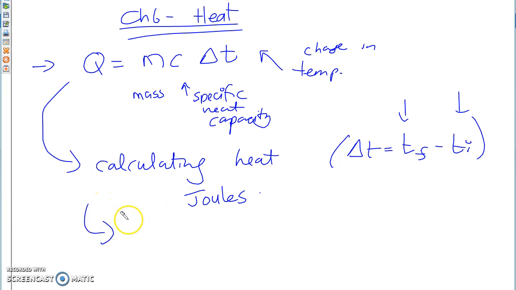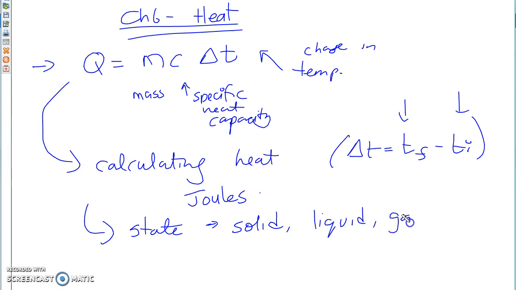So it does matter. The state of the object does matter. Each state will have a different specific heat capacity, by state meaning solid, liquid, or gas. So each state will have a different c for the object.